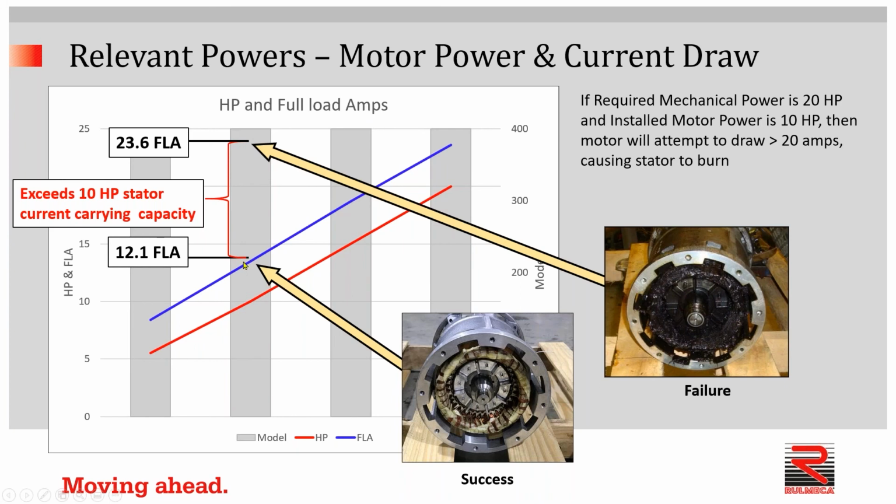The current carrying capacity of the stator will be exceeded. And as you can see, while we would have a success if the motor continuously provides 10 horsepower, we will have a failure if that same motor attempts to provide 20 horsepower.